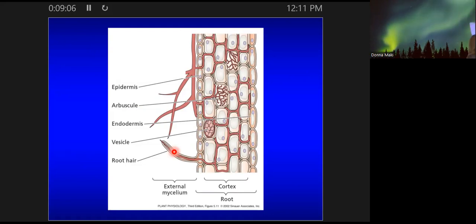Or like if you slipped a hand into a latex glove, the latex glove is the plant membrane, and your fingers are the fungal hyphae, if that helps. So there's always the plant-derived membrane around any part of the fungal hyphae. It can be inside the cell wall, but it's wrapped around. The membrane is wrapping around the fungal hyphae.